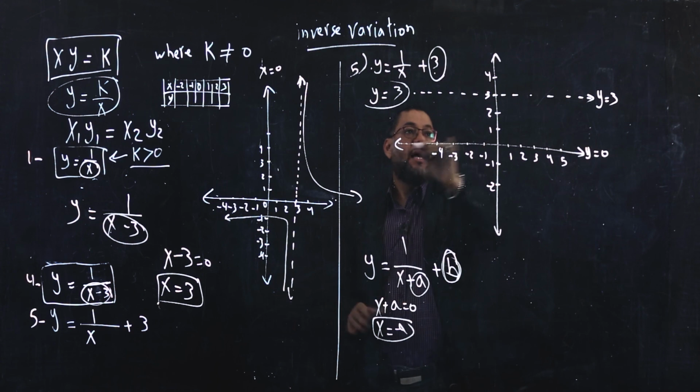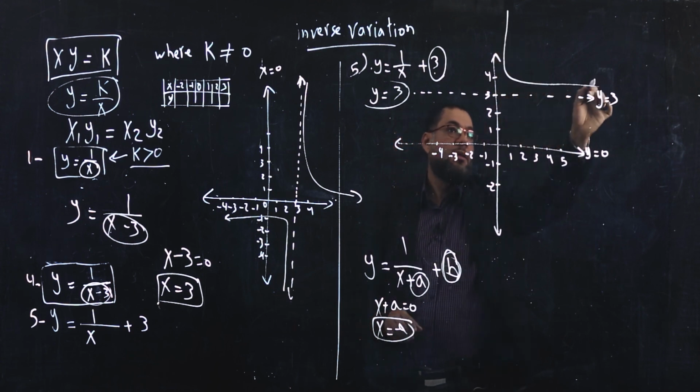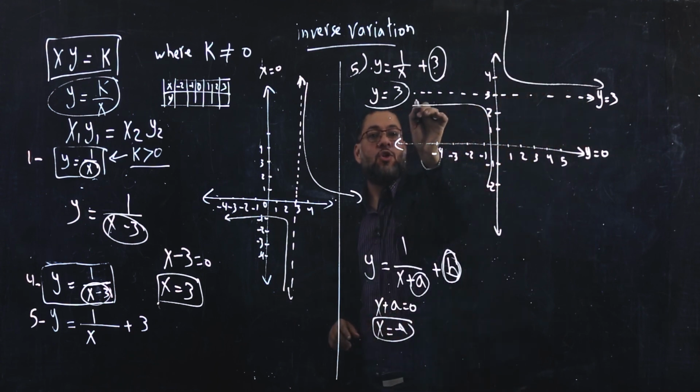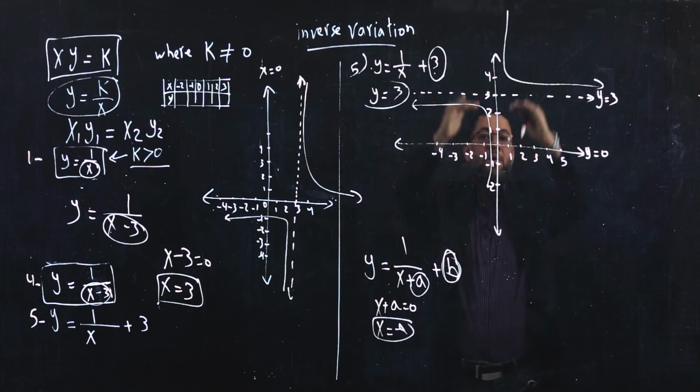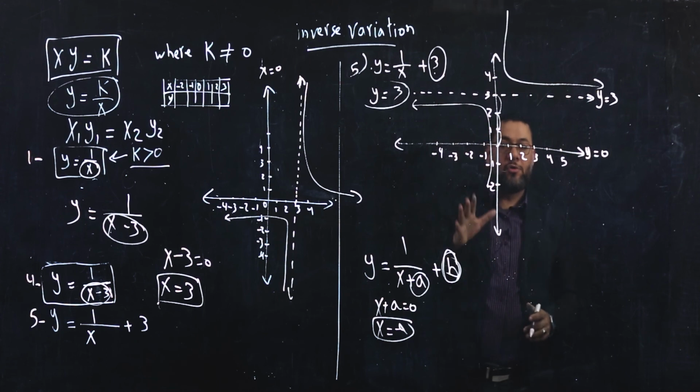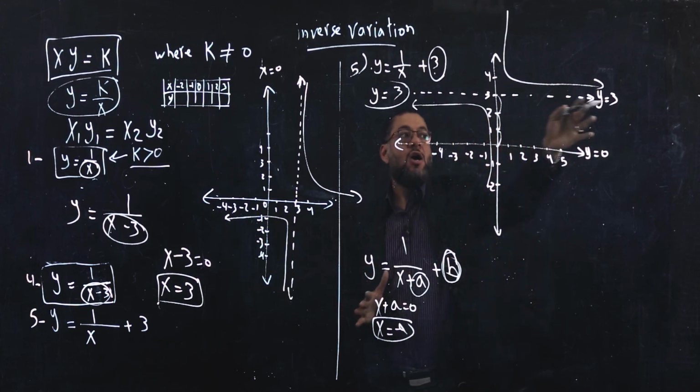Okay, we can draw it now. It will be like this. It's translated up how many units? 3 units. 1, 2, 3. Like you see, the horizontal asymptote is y equals 3, and the vertical one is x equals 0.